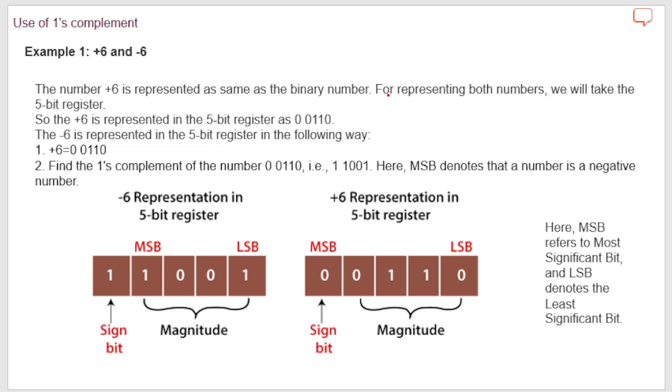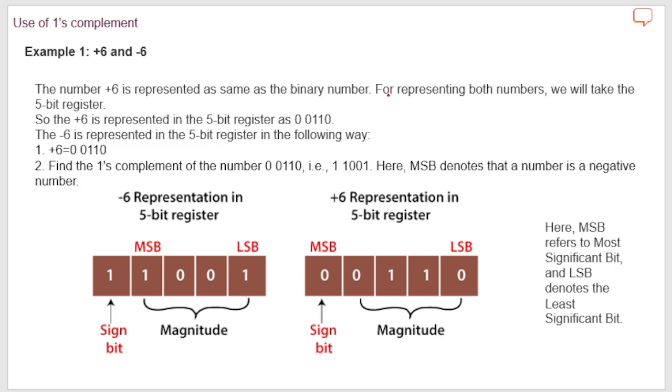1's complement plays an important role in representing signed binary numbers. The main use of 1's complement is to represent signed binary numbers. Apart from this, it is also used to perform various arithmetic operations such as addition and subtraction. In signed binary representation, we can represent both positive and negative numbers.